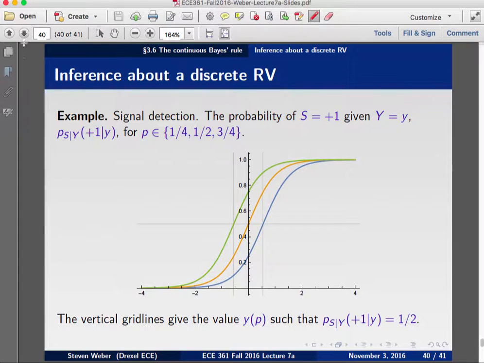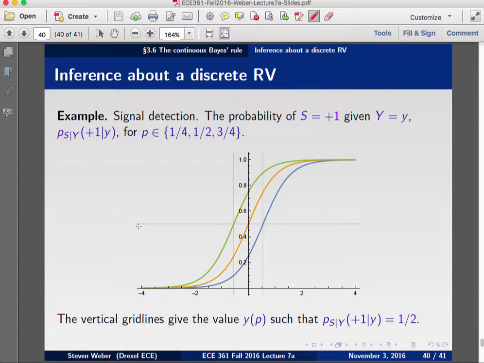So here are some distributions of the probability that s equals plus 1 as a function of y for 3 different values of p. The x-axis is y, and the curves here are the conditional probability of s equals plus 1 given the observation is little y, for p equals 1/4 in blue, 1/2 in yellow, and 3/4 in green.